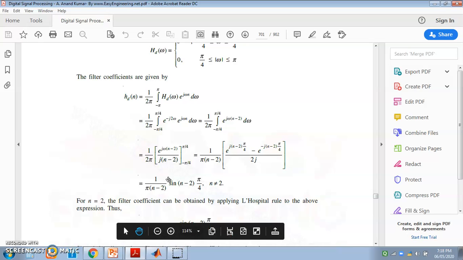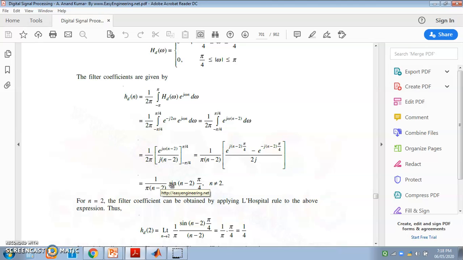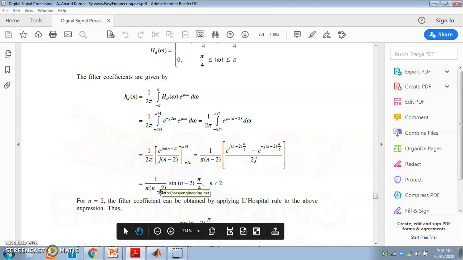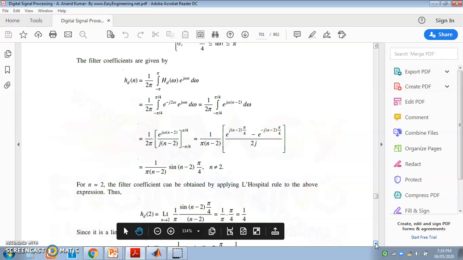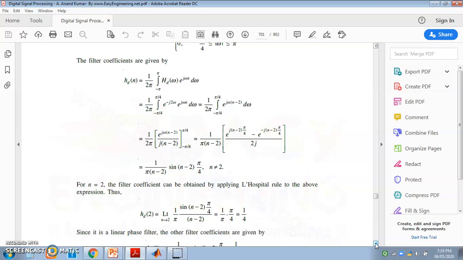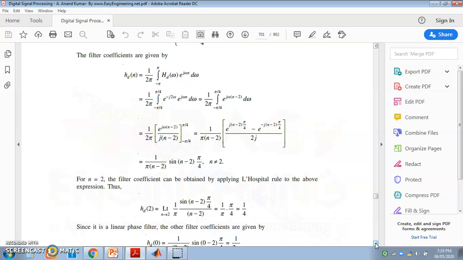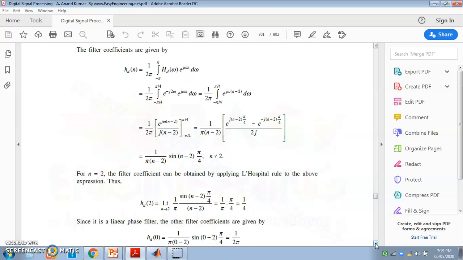This is the standard formula for the impulse response of the low pass filter, that is h_d(n) = sin((n-α)ω_c) / (π(n-α)), where n is not equal to α. In this case α is equal to 2, which is the center point of the impulse response, in the non-causal as well as the causal case.